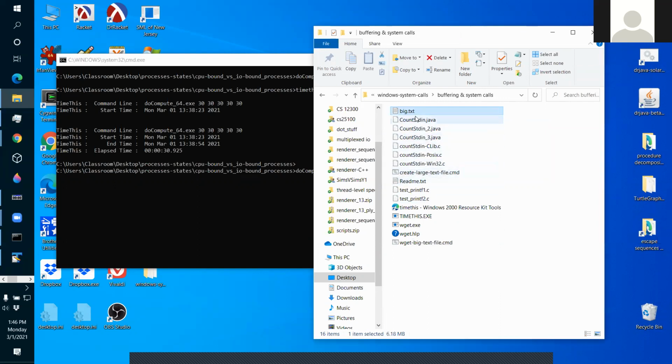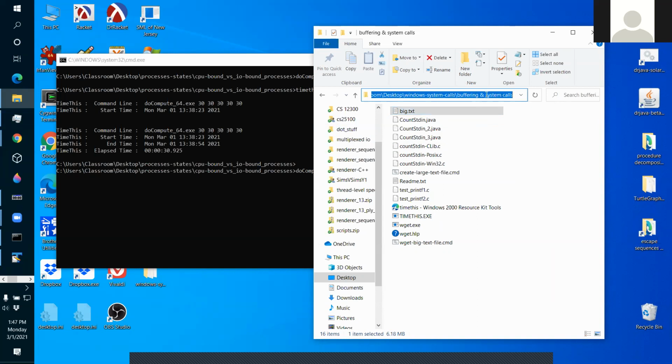And it does it in a bunch of different ways: a slow way, a slightly faster way, and a slightly faster way. It shows you that how fast you can copy data depends a lot on how you write your C code. You can write dumb C code that takes forever to copy data. Then you can write smarter C code that's much, much faster, and that has to do with system calls.